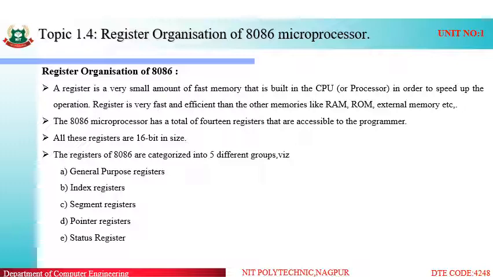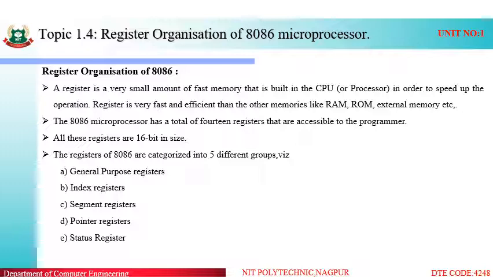Pointer registers are used to point to either the stack or the base address. Status register is used to give the status of operations. So they are categorized into five main types: general purpose registers, index registers, segment registers, pointer registers and status registers.